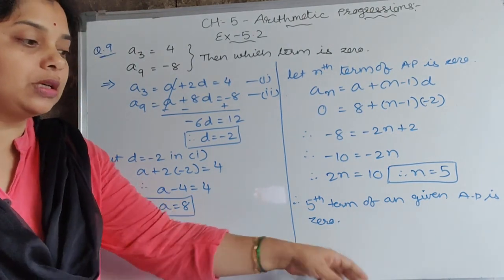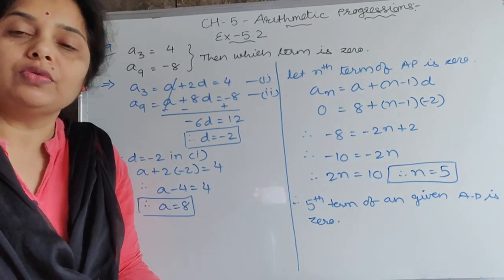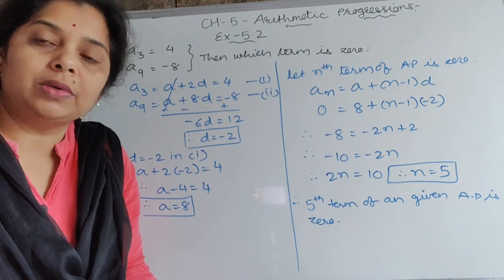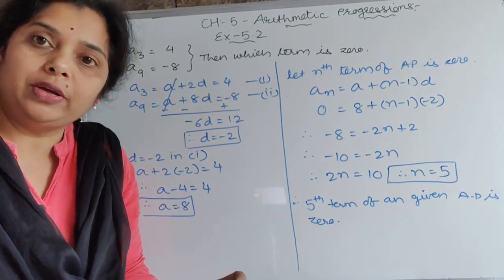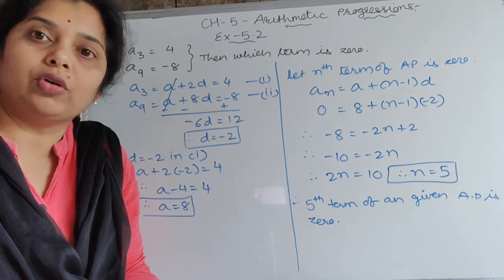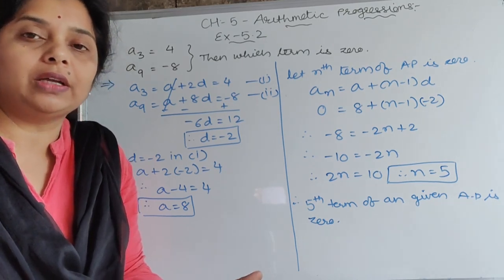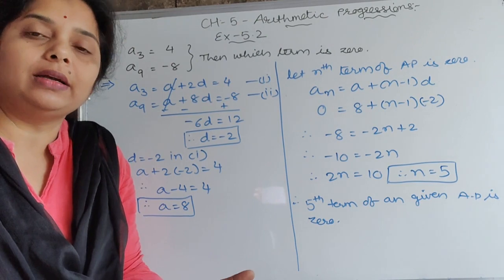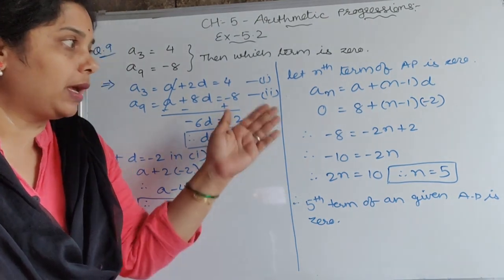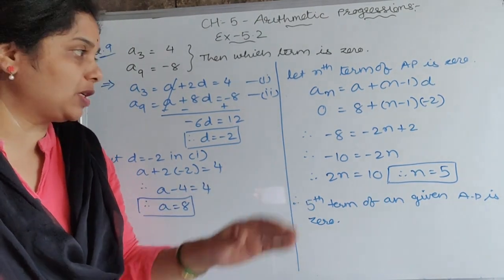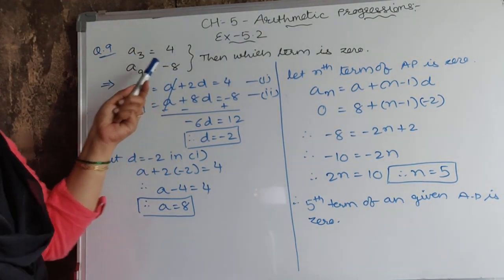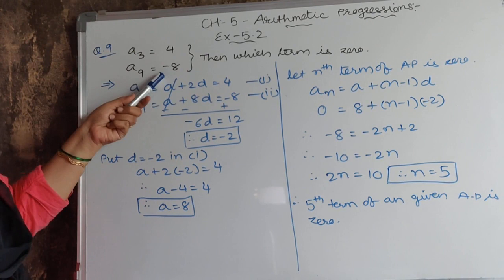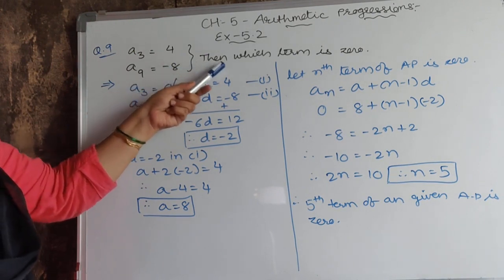Okay, so in such type of question, we have to suppose that the nth term is 0. First we have to find the first term A and the common difference, and then we suppose that the nth term is 0. Here A3 is equal to 4 given, A9 is equal to minus 8 given, and they are asking which term is 0.